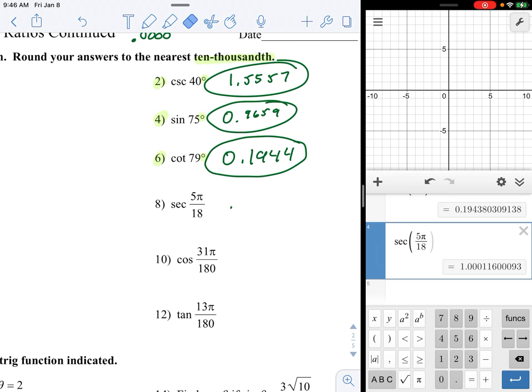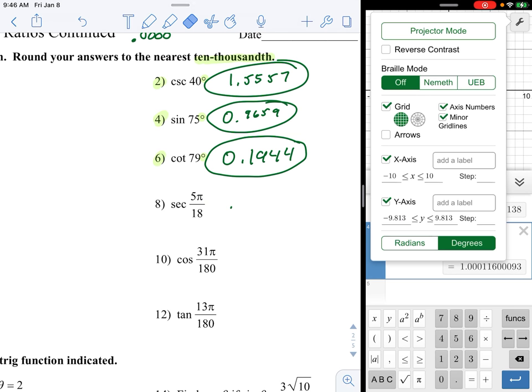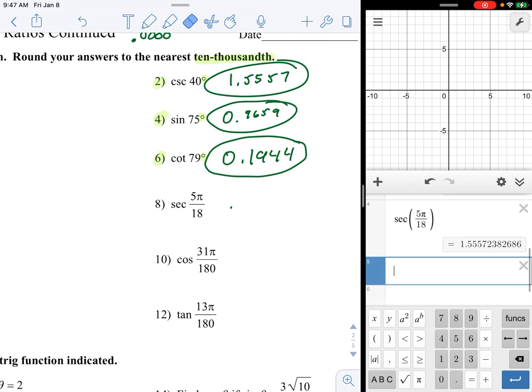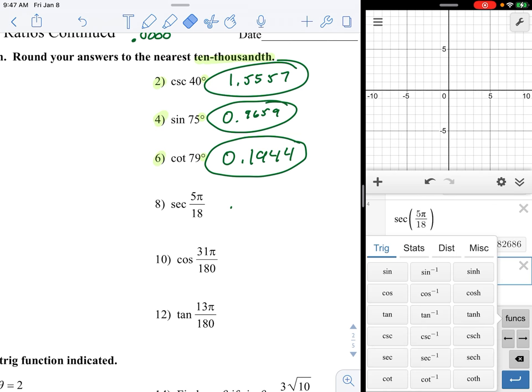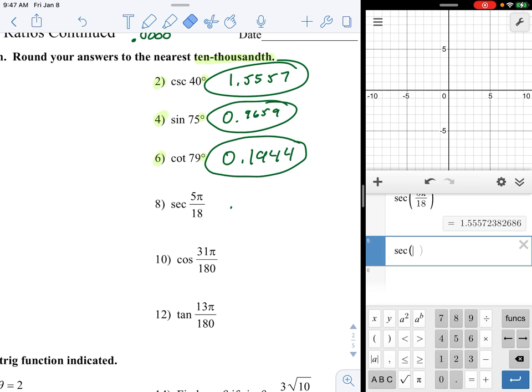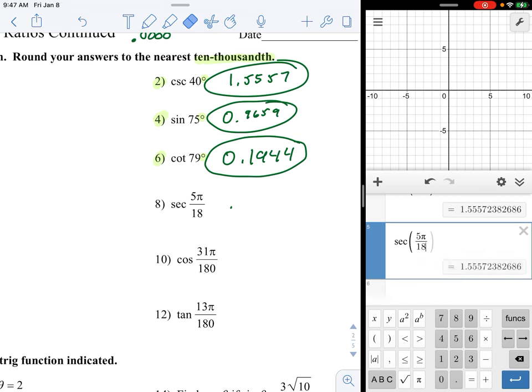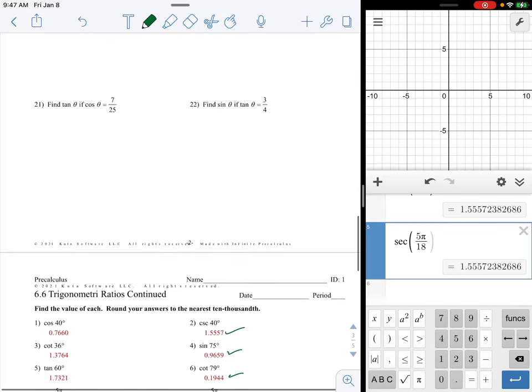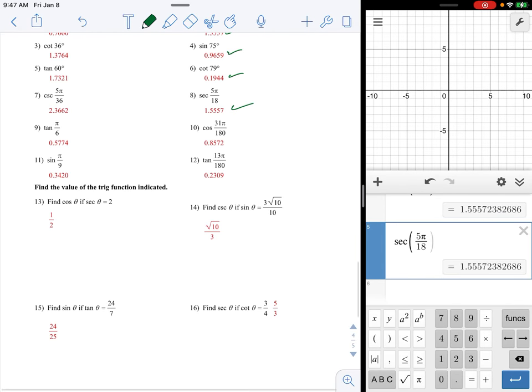So I need to go back to my calculator and say, hey, I want to do things in radians. So now, function, secant 5 pi over 18, 1.5557, and there it is.